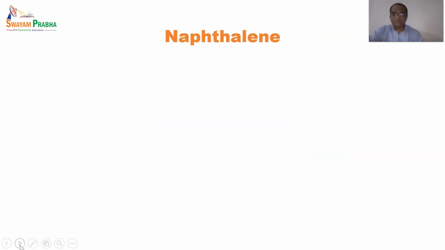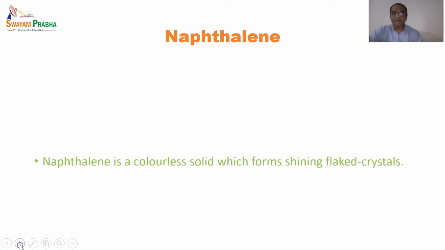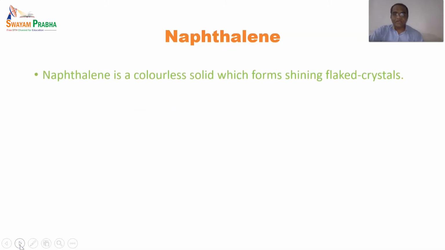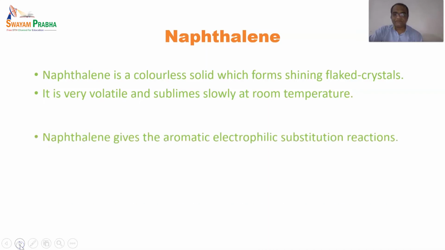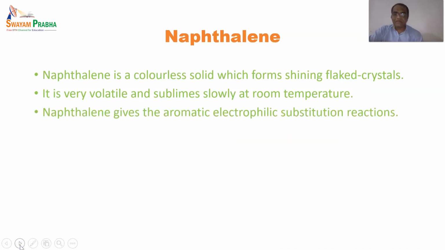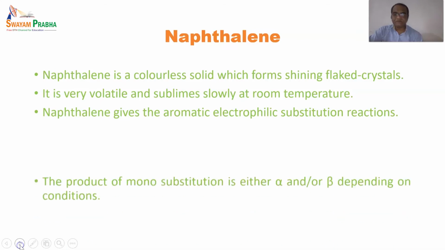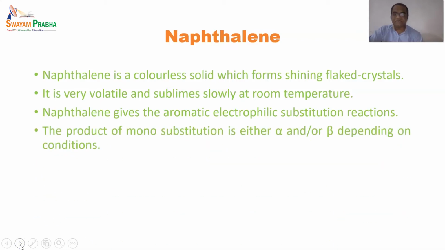So now we will see some properties of naphthalene. Naphthalene is a colorless solid which forms shining flake crystals. It is very volatile and sublimes slowly at room temperature. Naphthalene gives aromatic electrophilic substitution reaction, as we will see in chemical reactions.